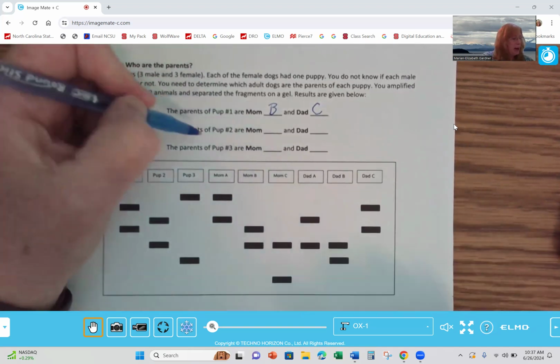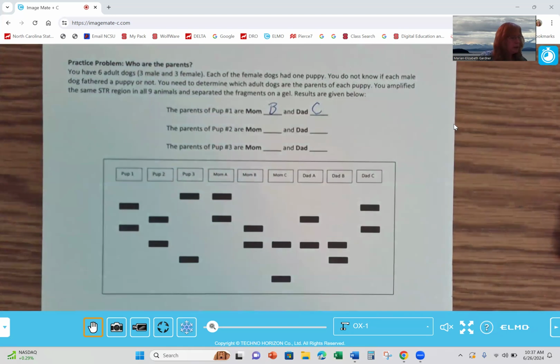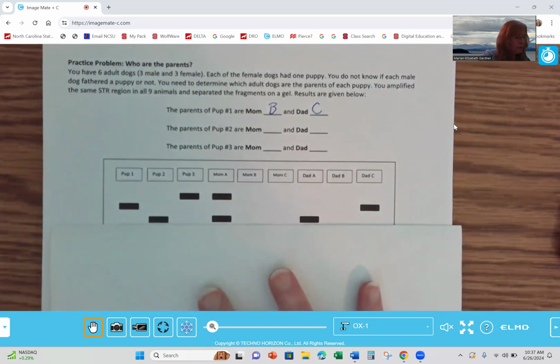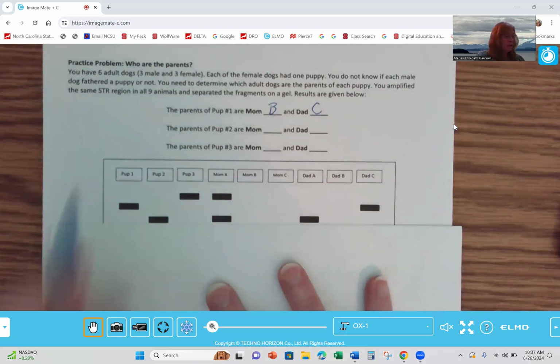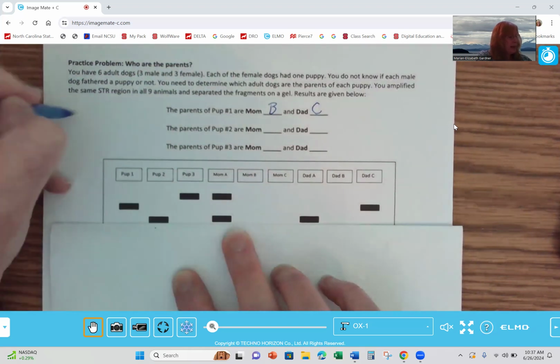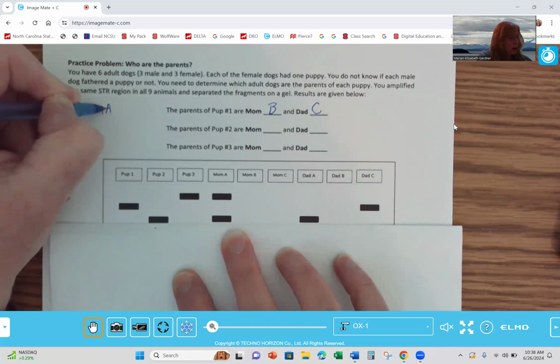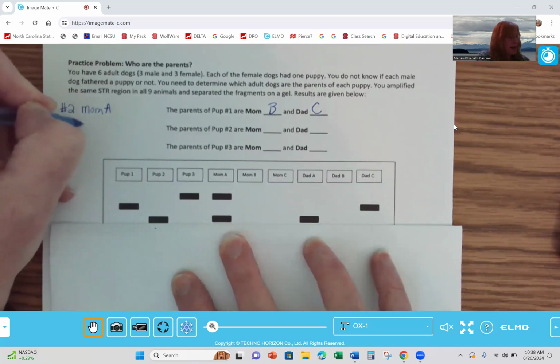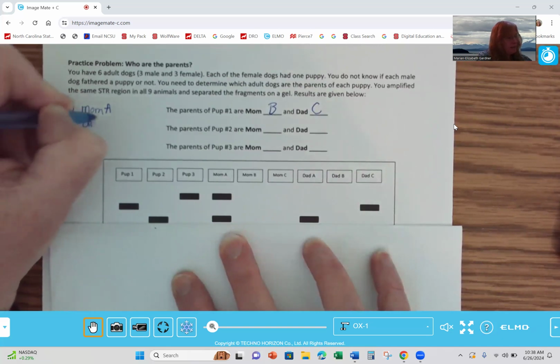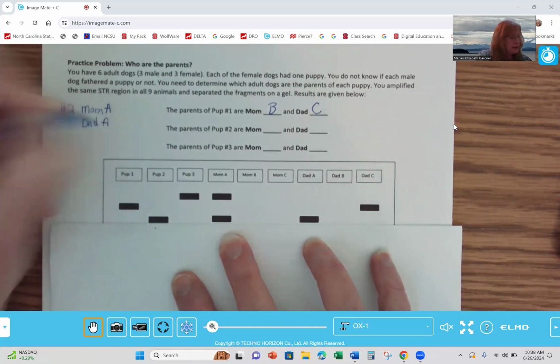Okay, let's go to pup number 2. Well, pup number 2, we could have mom A giving that top band, or we could have dad A giving the top band.